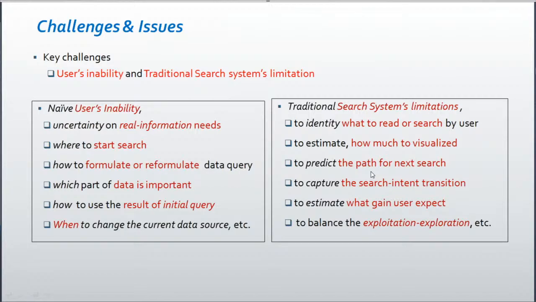Okay, so the next issue is how to capture the search intent transition. Typically this is widely addressed by various researchers in a way that after conducting 6 or 7 query-result interactions or searches, systems should be able to capture the possible changes in the search intent. Let's take, you are searching for books and you have conducted n number of searches in a Google search system.